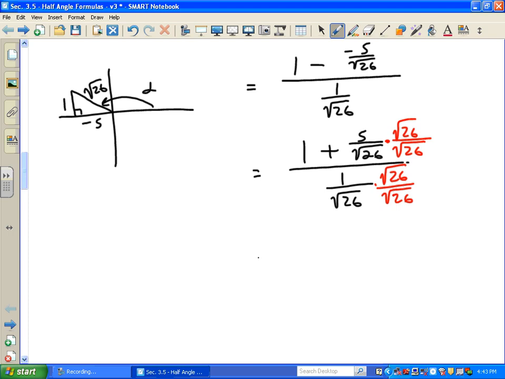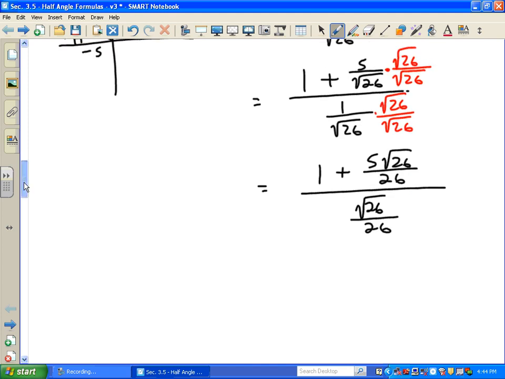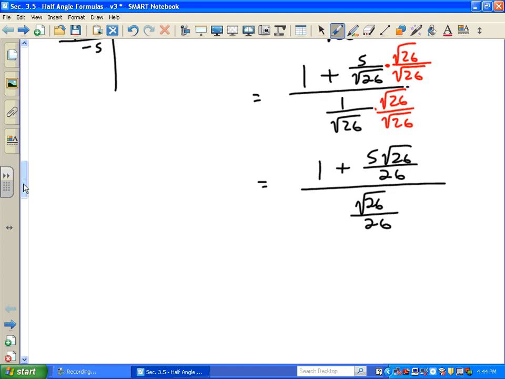And so what we will have is 1 plus 5 roots of 26 over 26 all over root of 26 over 26. We've got a couple of more steps. On tangent, usually these particular simplification parts are complicated. Now, multiply the top and bottom by 26 to clear out the fraction. There's a lot of 26 going on here.